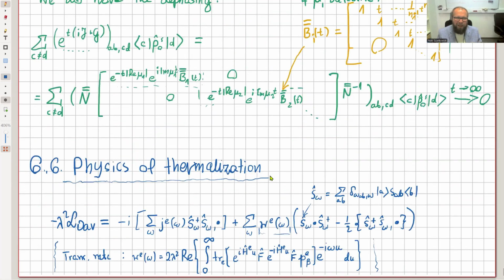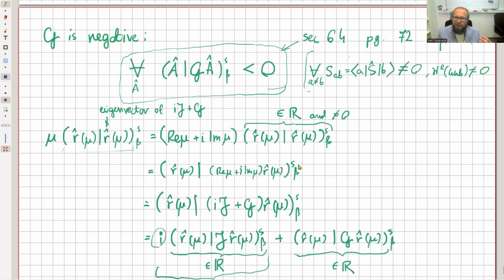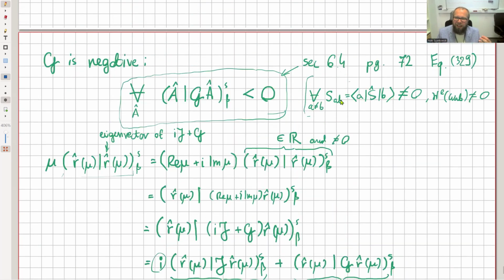This is part of the Born-Markov approximation, and naturally, second order involves only, let's say, direct connections between energy levels.